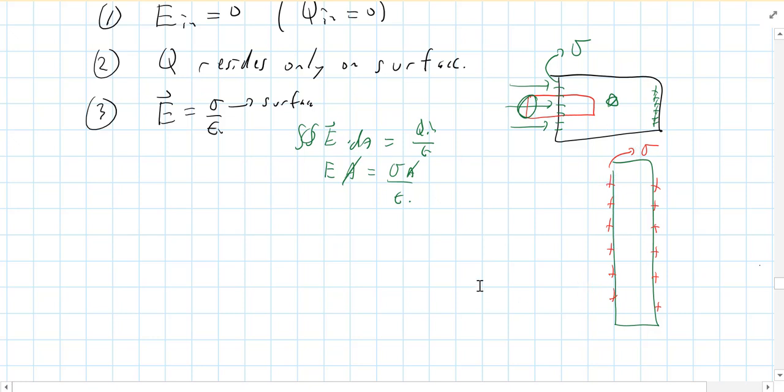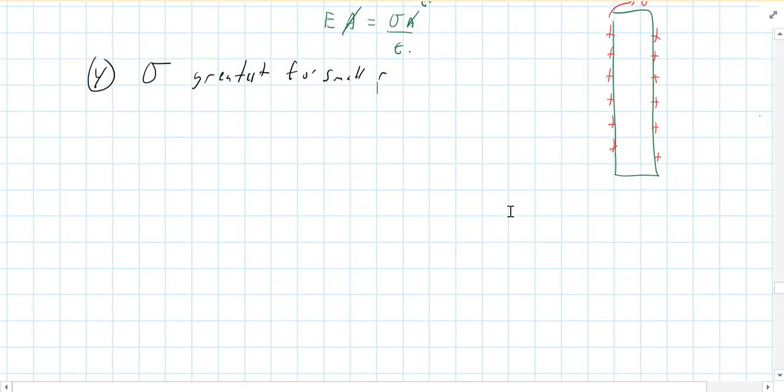Okay, and then the final rule, number 4 here, is that surface charge density sigma is greatest for small r. So let me kind of explain that one. Let's say you have an irregularly shaped object, okay?